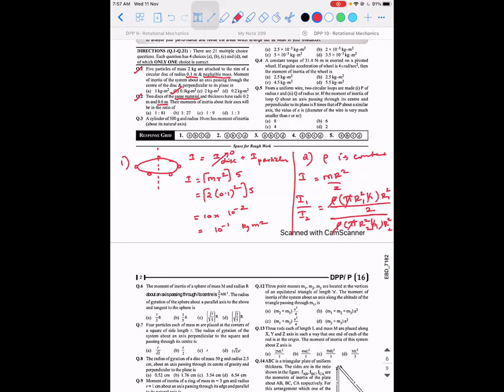H and H will get cancelled. So I1 by I2 will be equal to R1 power 4 divided by R2 power 4. So R1 power 4 is 0.2 divided by 0.6 the whole power 4, that is 1 by 3 the whole power 4. 1 by 3 whole power 4 is 1 by 81. Right?